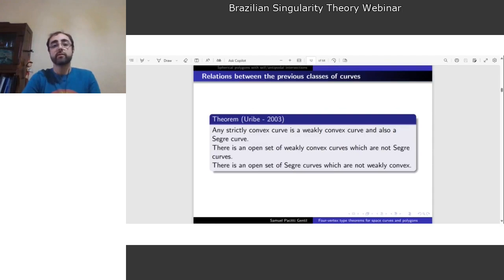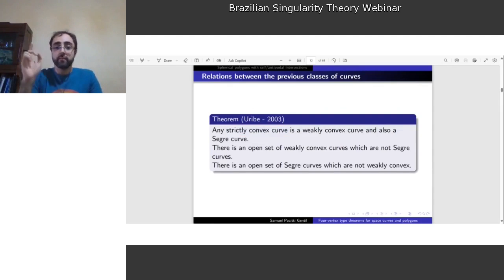He proves that any strictly convex curve is weakly convex, and also it is a Segre curve. And moreover, there is an open set of weakly convex curves which are not Segre, and there is an open set of Segre curves which are not weakly convex. So, in a sense, the notion of strictly convex curve in the three-dimensional case is the most restrictive one.